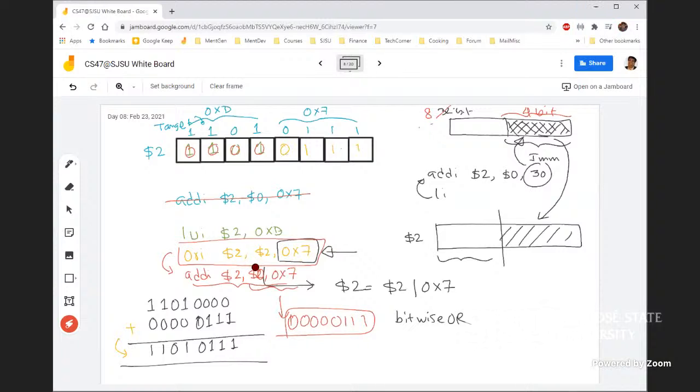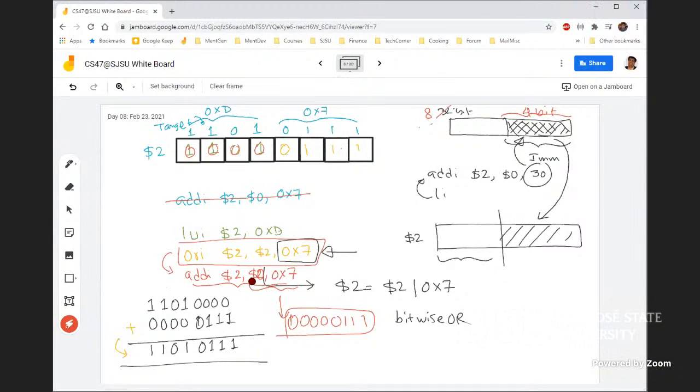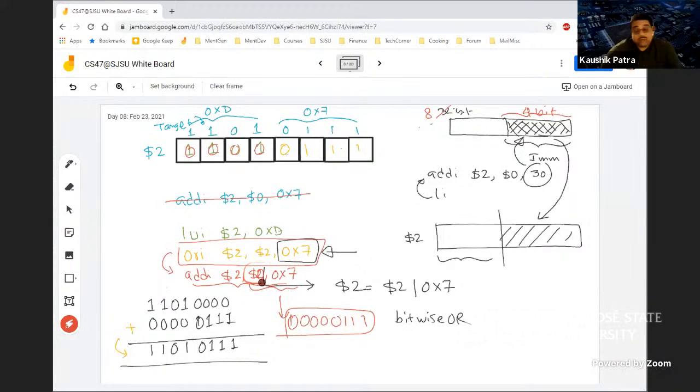If that register already holds a number larger than 16 bits, then the result of addi will also be larger than 16 bits, with significant digits. It doesn't matter whether this register is holding more than 16 bits or not; it is always a 32-bit value.